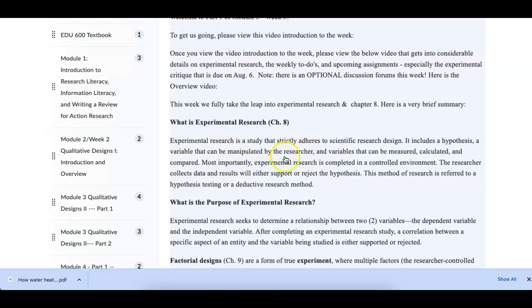So what is experimental research? I think this is a type of research that people are somewhat familiar with. Let's keep it in simple terms. You have 2 groups. One group was vaccinated for COVID and the other one was not. And you do experiments.